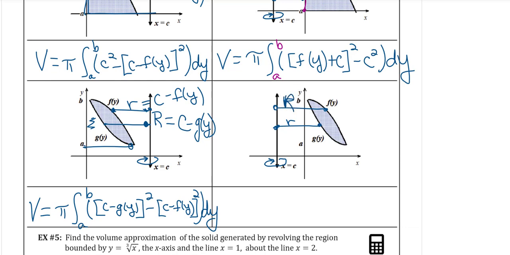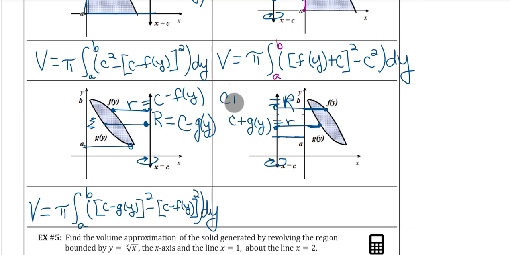So in this picture, our little r is going to be the distance c, even though c is negative, that distance is c, plus how far we are away from the curve here. So little r is going to be c plus g of y. And capital R is going to be the same thing. We have this distance c, and then we have this other distance here to the farther away curve f.